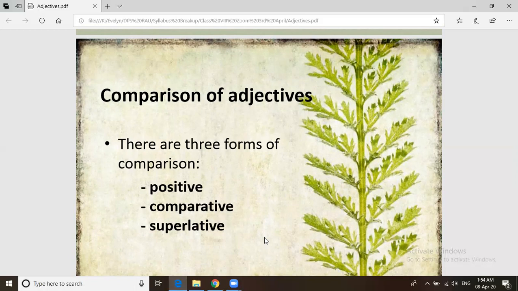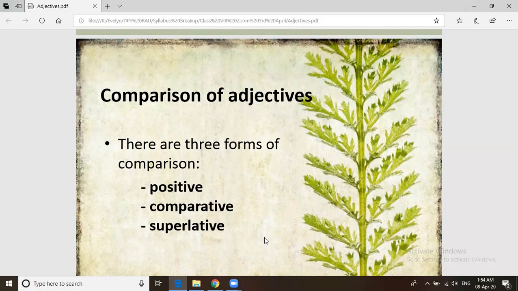Comparative is when we are comparing the quality of similar things. Superlative is when we are talking about the quality of one object being the most, as compared to everything else of a similar variety around it.